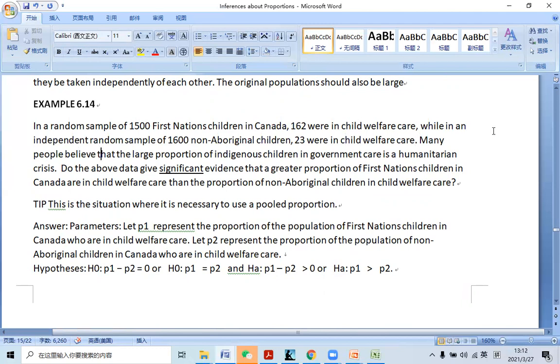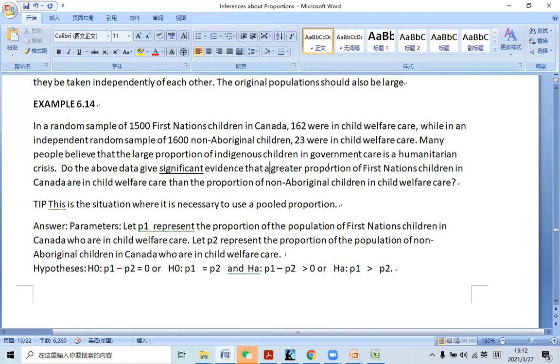Many people believe that a large proportion of indigenous children in government care is a humanitarian crisis. Do the data above give us significant evidence? Significant. What do we mean by significant?